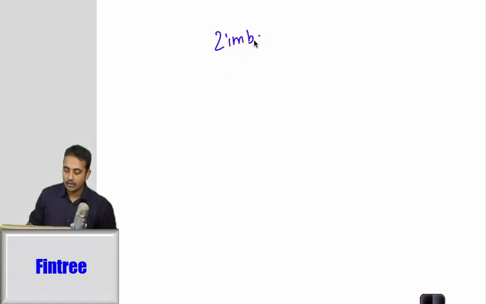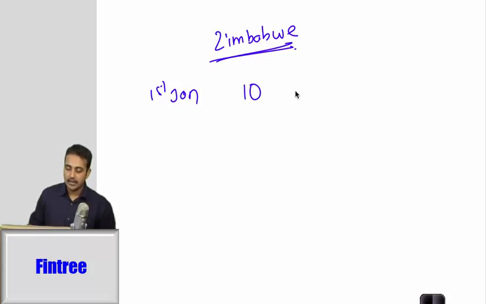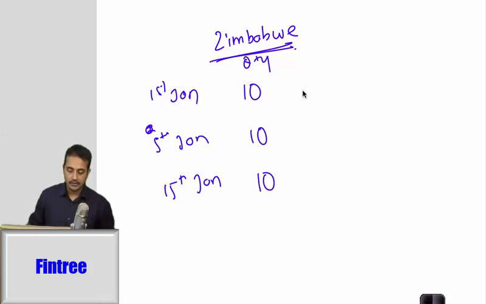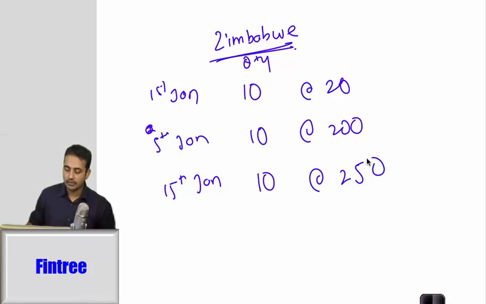Let us say you are a citizen of this country, and on 1st of January you purchase goods, 10 units. On 5th of January you purchase another 10 units. This is quantity. On 15th of January you purchase another 10. Now these were purchased at a price of 20, these were purchased at a price of 200, and these were purchased at a price of 250.